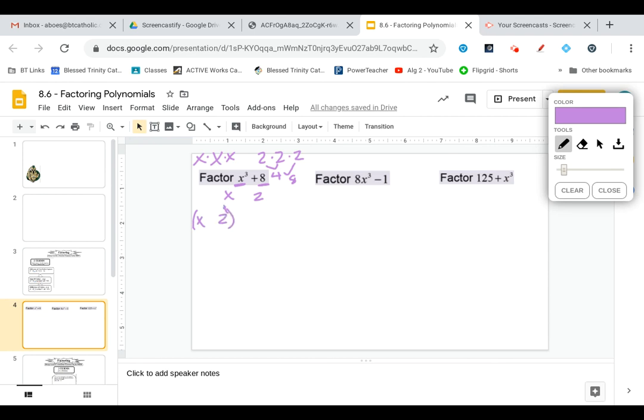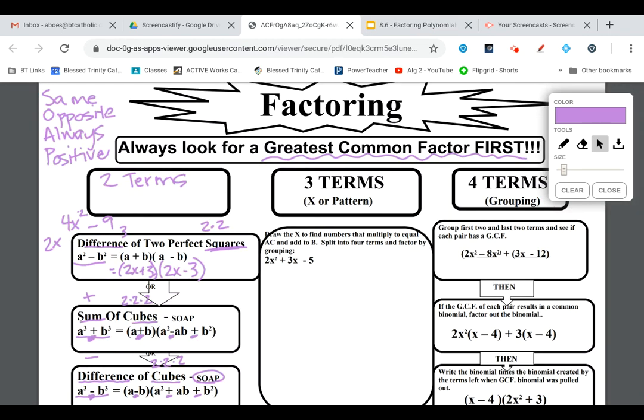I'm going to do the same sign. Oh gosh, the struggle with the stylus is real. So I've got plus in here, so I'm going to do plus in there. Then, let's go back to my rules. Sum of cubes. I've got a squared.